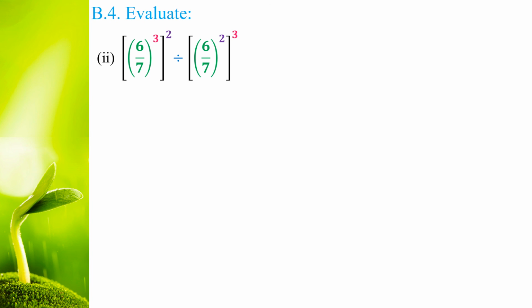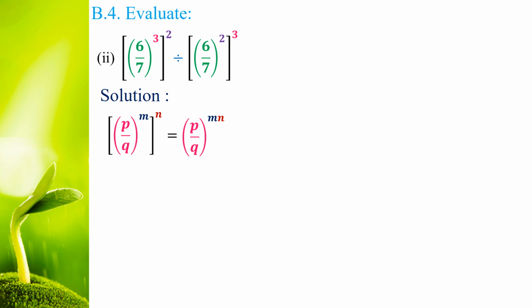Evaluate: 6 by 7 to the power 3 whole power 2 divided by 6 by 7 to the power 2 whole power 3. Solution. Here the rational number is 6 by 7 and the positive powers are 3 and 2. So we are going to use the fourth law. P by q to the power m whole power n equals P by q to the power mn.